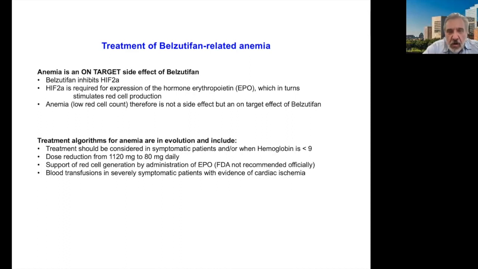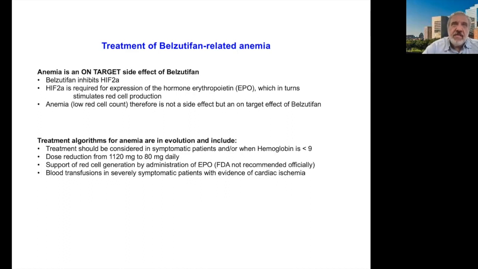The FDA does not officially recommend erythropoietin. It does not disapprove it either, but because there was a discussion about EPO in the past and whether or not it has an impact on tumors, the FDA takes a neutral position. In my practice, I use erythropoietin more than reducing the dose of the medication.